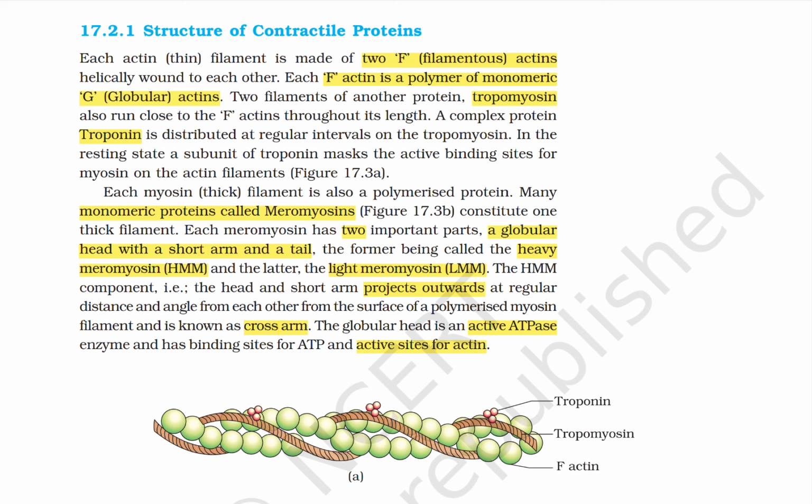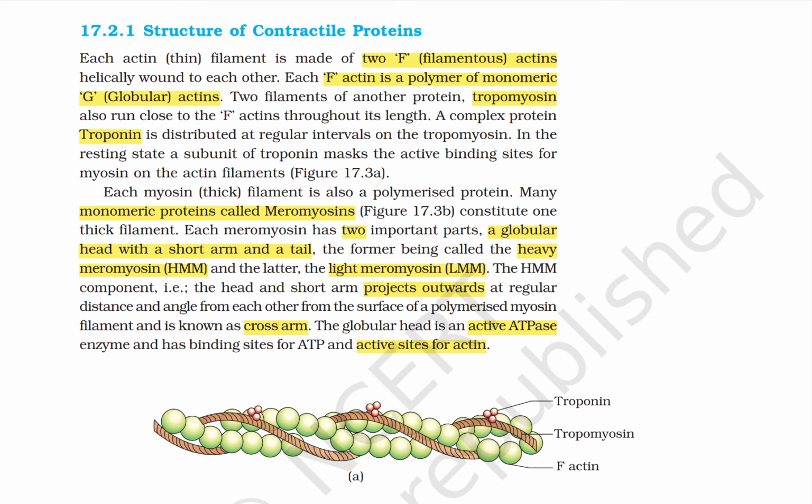Each myosin thick filament is also a polymerized protein. Many monomeric proteins called meromyosins constitute one thick filament, and each meromyosin has two important parts, a globular head with a short arm, and a tail. The former is called heavy meromyosin, HMM, and the latter is called light meromyosin, LMM.